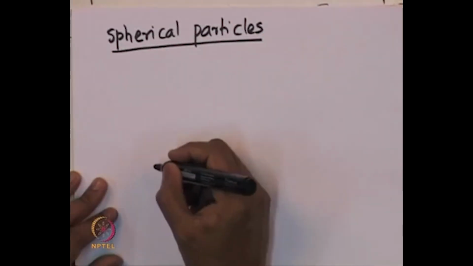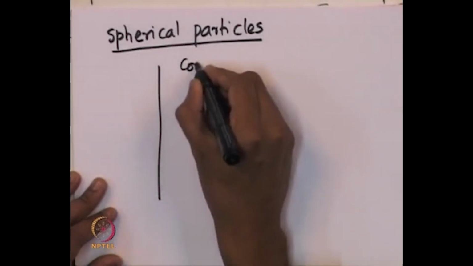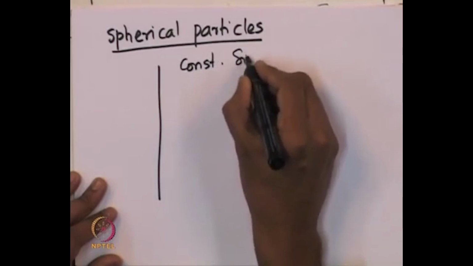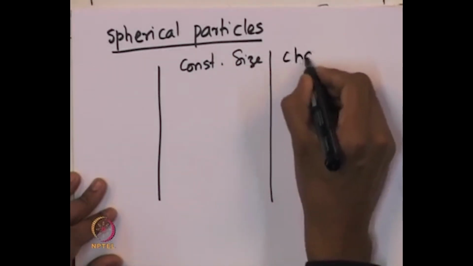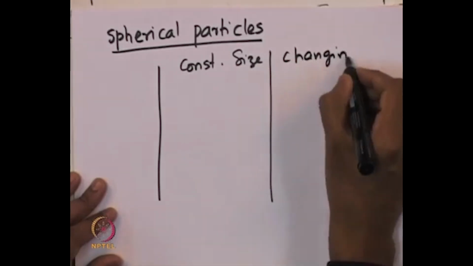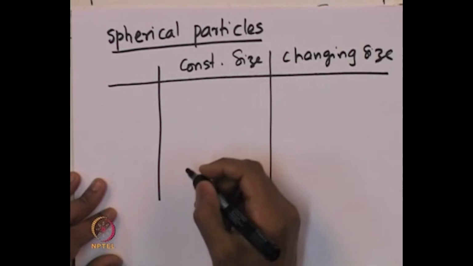So, for spherical particles, suppose we take the constant size and varying or changing size. There are two possible modes. Here, changing size refers to the special case of no ash layer present. As noted in the earlier lecture, the size can change even if the ash layer is present if the densities of solid product and the reactant are different.